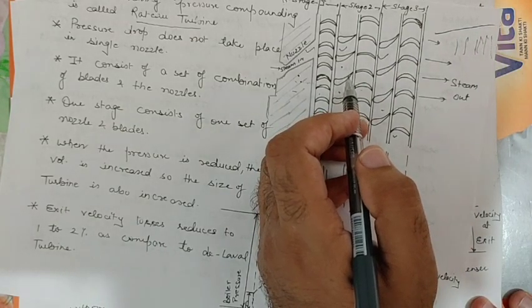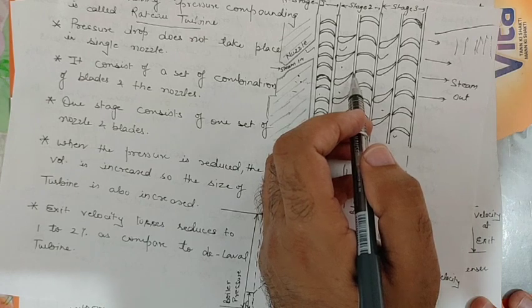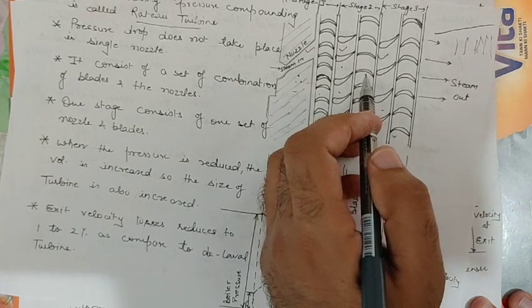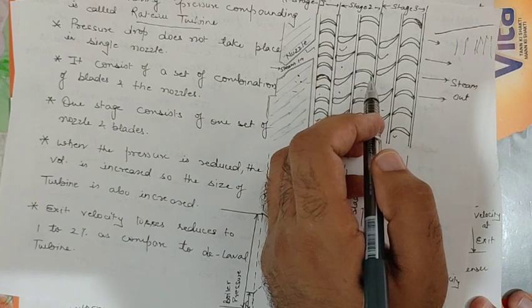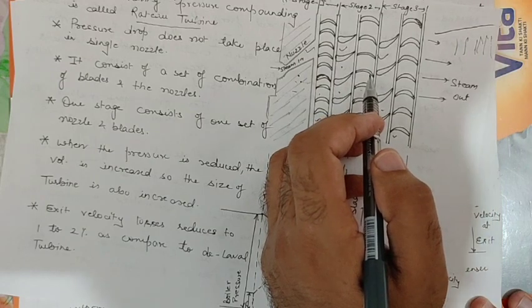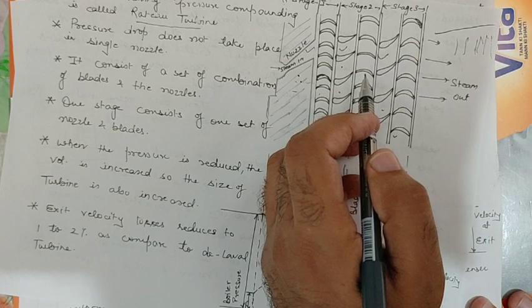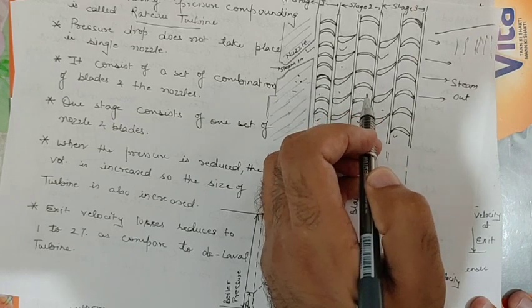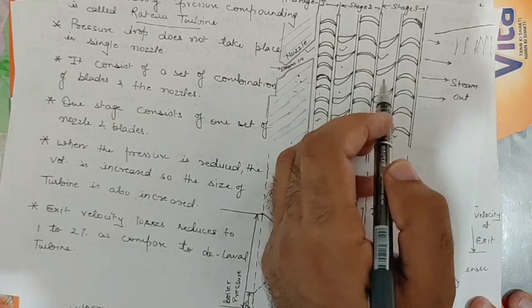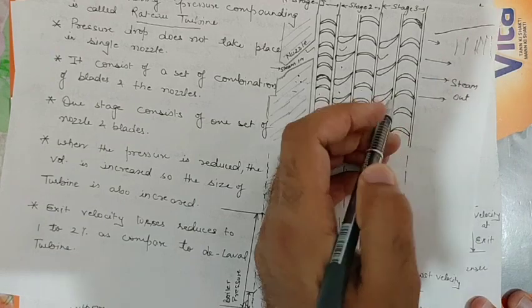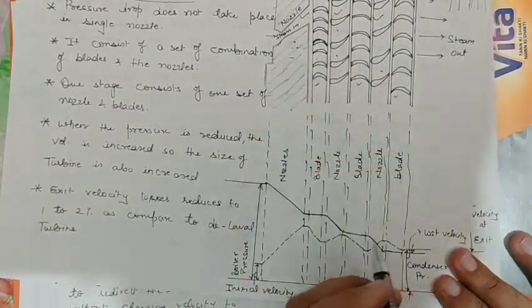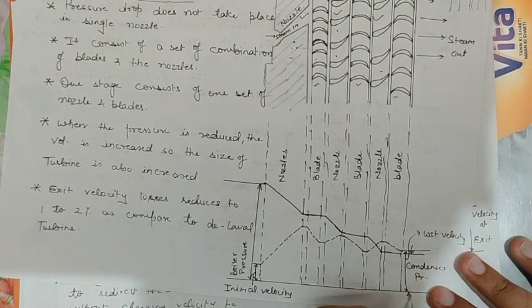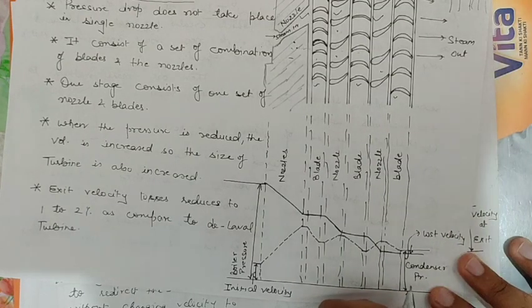And then steam that is coming out from the fixed nozzle or the fixed blade is passed through the moving blade. Hence the velocity of the steam gets absorbed by the moving blade, and this process is repeated until we get the condenser pressure.